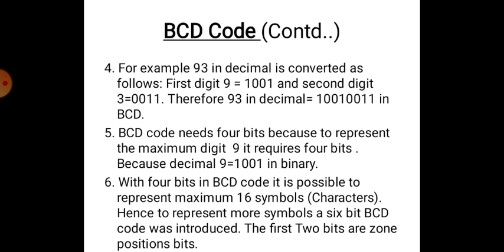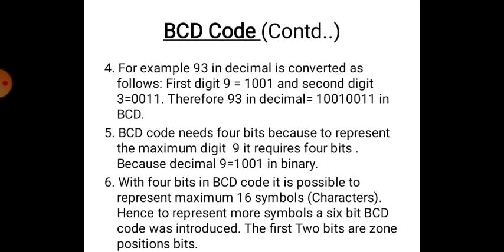Point number 5. BCD code needs 4 bits because to represent the maximum digit 9 in decimal it requires 4 bits, because in decimal 9 is equal to 1 0 0 1 in binary.